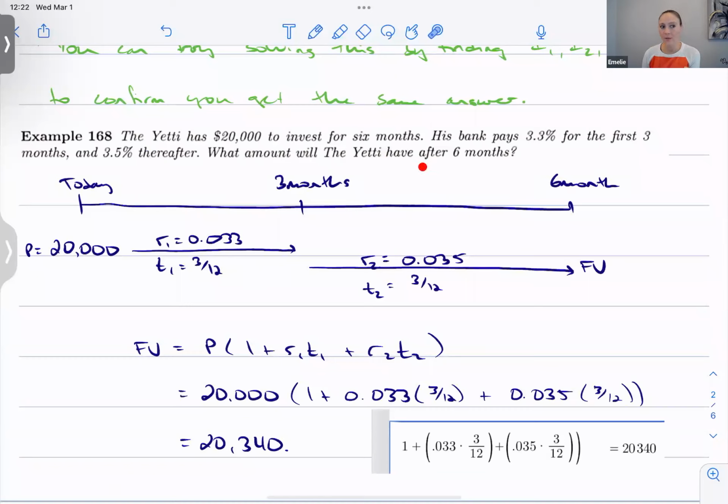Another thing that we haven't really looked at is, a follow-up question could be, how much interest did he earn? You could use the I calculations individually, or you can just remember that if I have the future value and the principal amount, then whatever the remainder is must be how much he earned in interest.